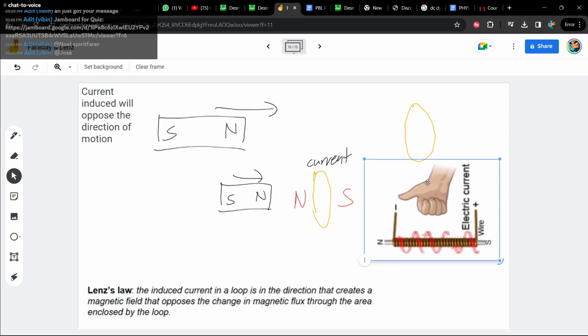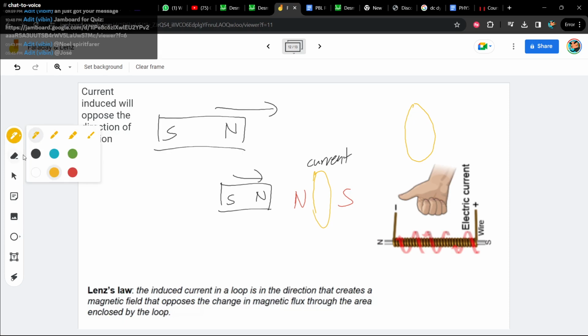You can see it's anti-clockwise because when you put your thumb on the left side, you'll notice your current is going upwards, anti-clockwise, sorry. So that's why here, the current induced will be like this. It will go upwards, anti-clockwise. Does that make sense? Yeah. Jauher, does that make sense?